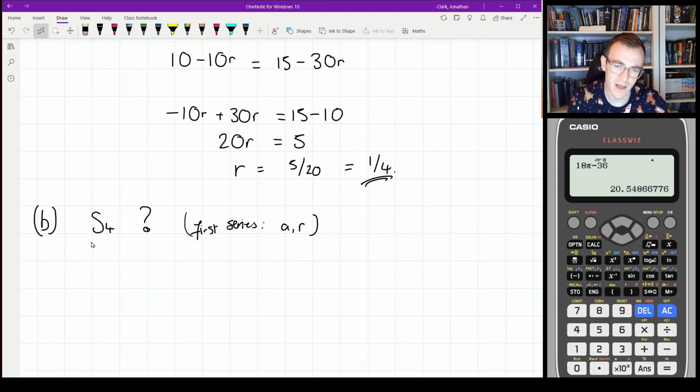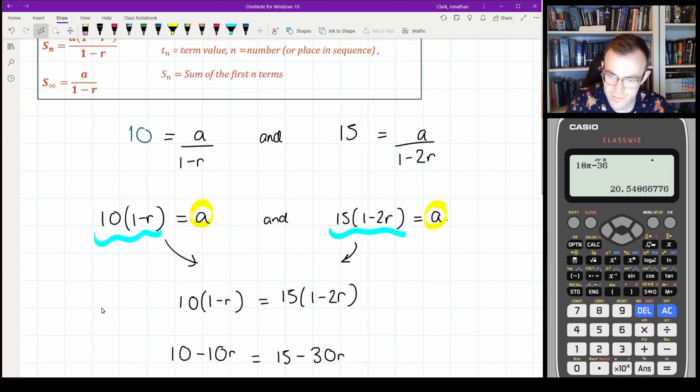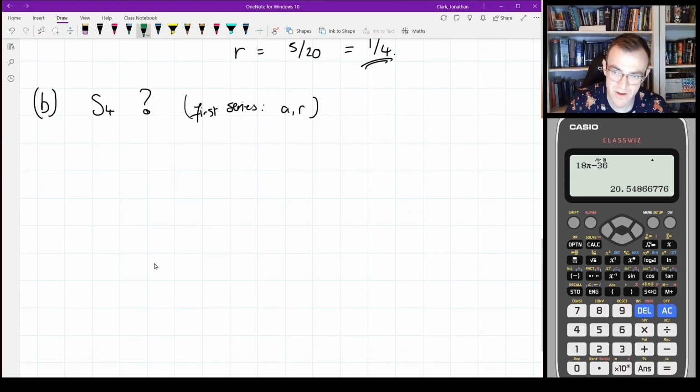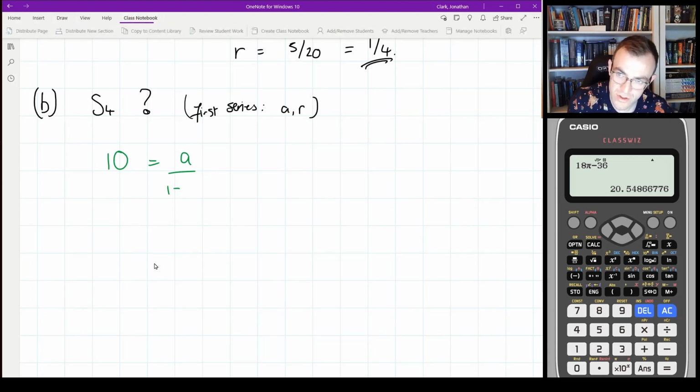Okay, I think I need to find the value of a to do this, so I'm going to go back to the equations I had, although I know the value of r now. So if I write down the statement that I had to begin with, the sum to infinity was 10, and the ratio was a quarter.